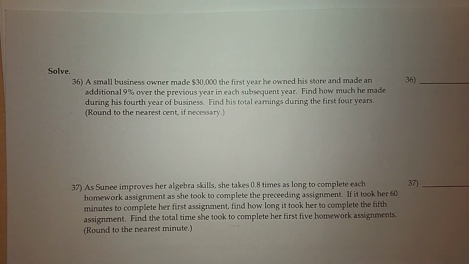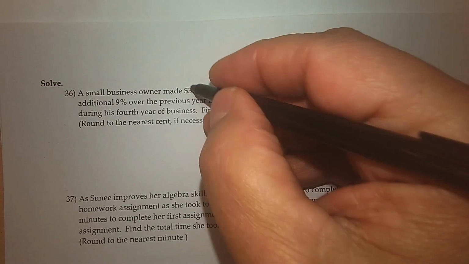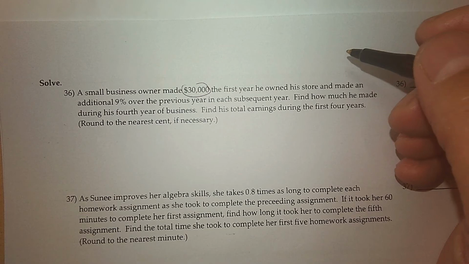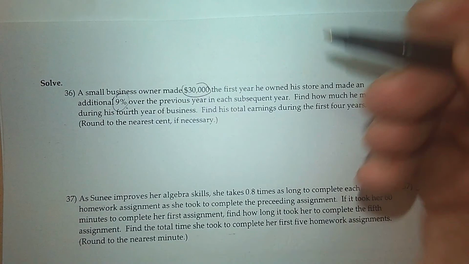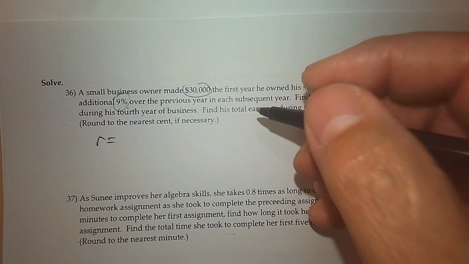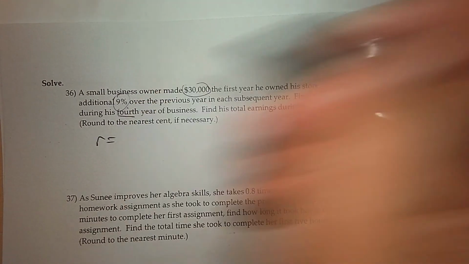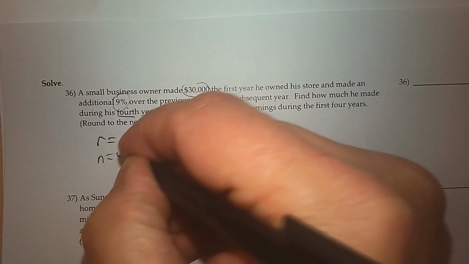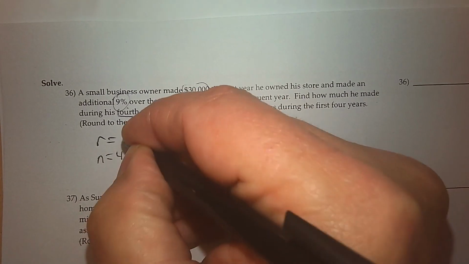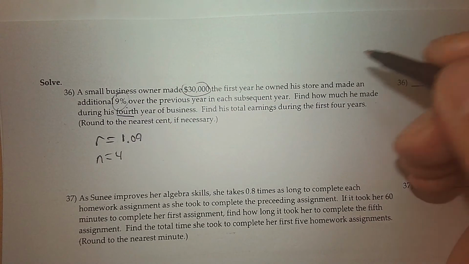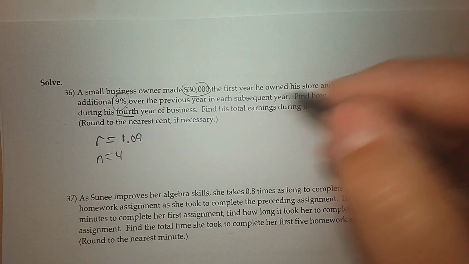All right, 36. A small business owner made $30,000 the first year, made an additional 9%. There's an indicator that you're looking at a ratio over the previous year and each subsequent year. Find out how much he made during his fourth year of business. So n is 4, 9% is 0.09, but I need to make sure that 1 is in front, so it's the increase and what it was before together.